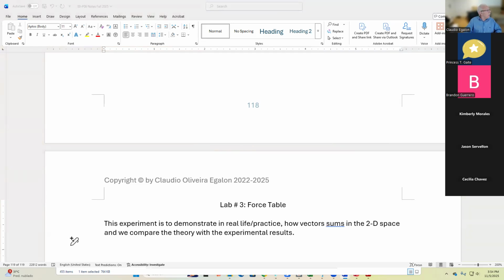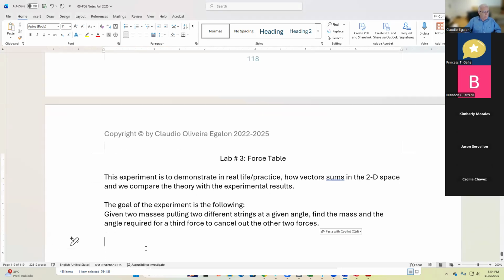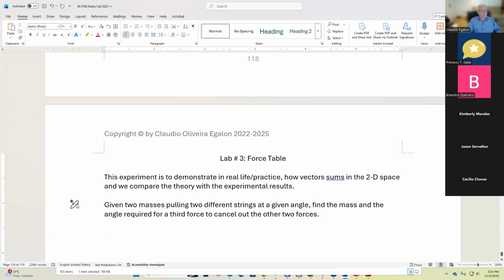And the way we do this experiment is the following. Given two masses pulling two different strings at a given angle, find the mass and the angle required.